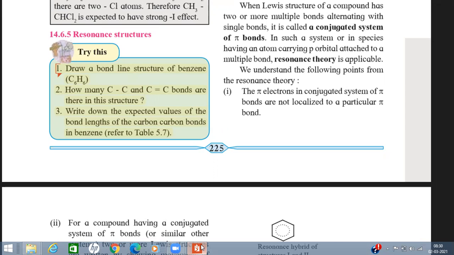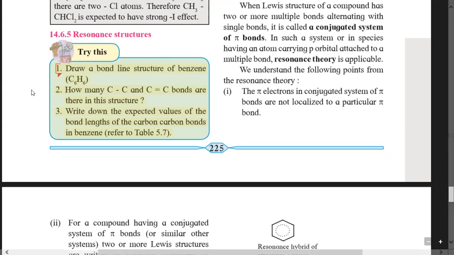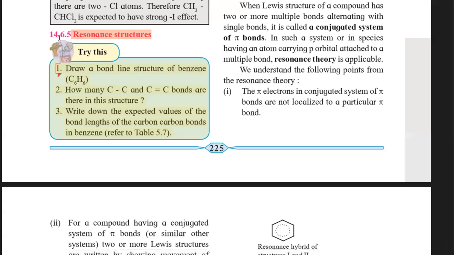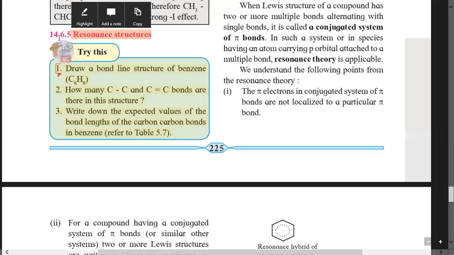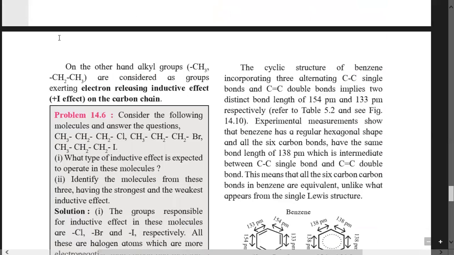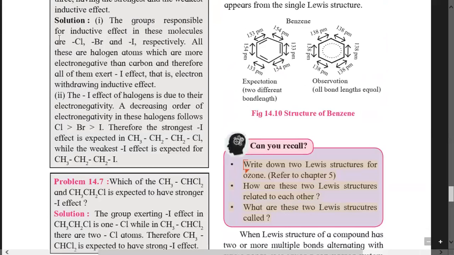To study resonance effect, we must know how to draw resonance structures. So first we will study how to draw resonance structures for different molecules. For this purpose, one example is given, that is benzene.